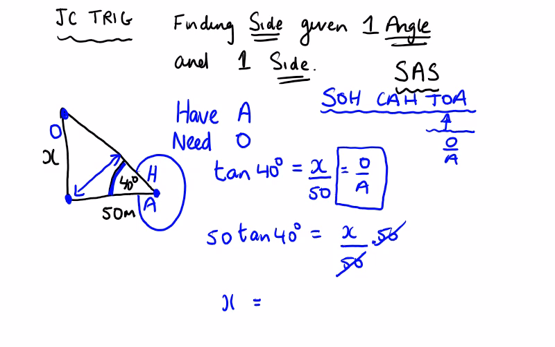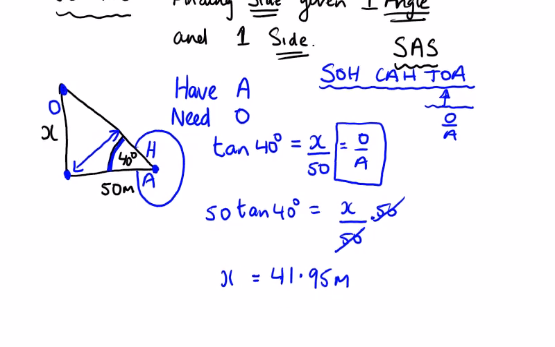X in this case, if you type 50 tan 40 into your calculator, will give 41.9548 and so on. So we'll just take two decimals here, 41.95 meters.